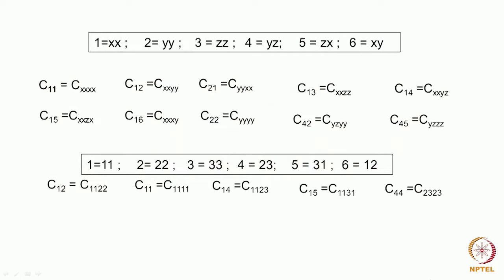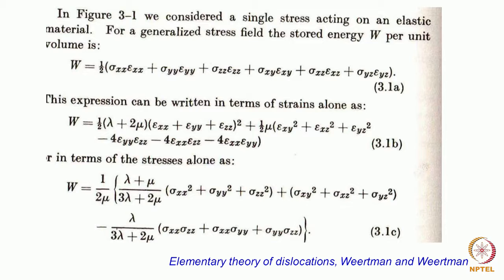Similarly, if we now keep it in this position and apply the next strain, it will be the integral from 0 to epsilon y of sigma yy into d epsilon yy, correct? This is what it will turn out to be.